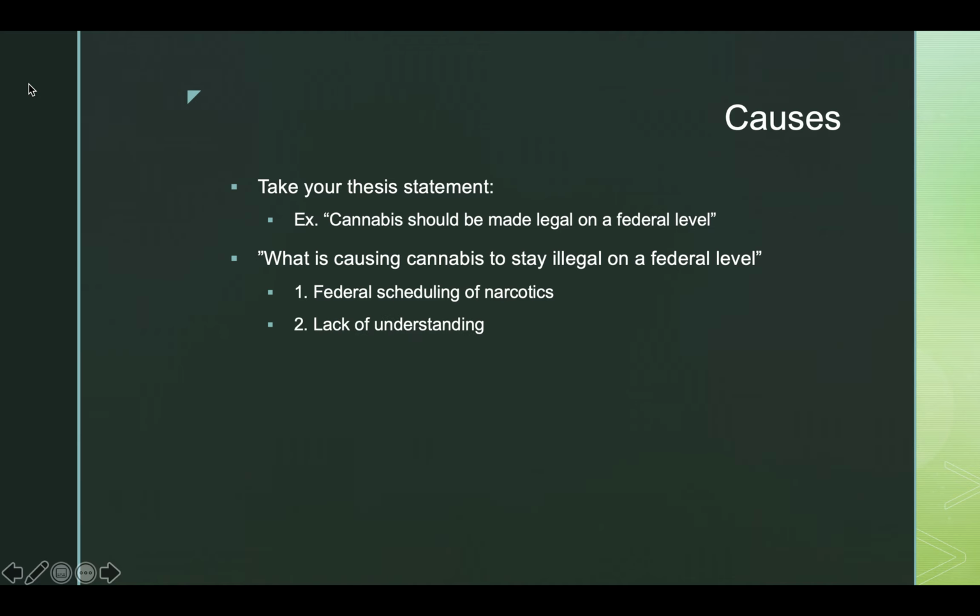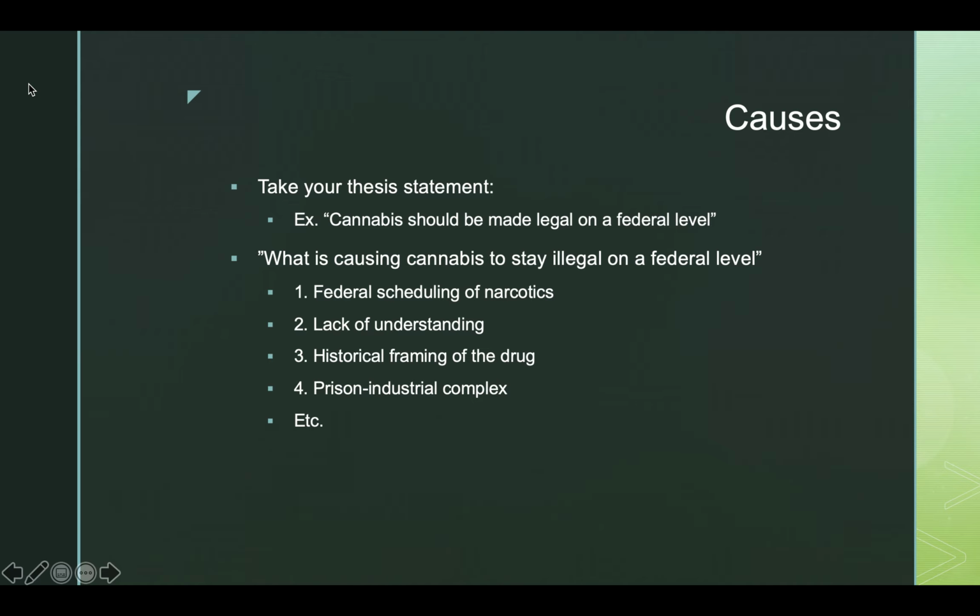A lack of understanding surrounding cannabis and surrounding its medicinal uses. Maybe it's the historical framing of the drug that is causing cannabis to stay illegal on a federal level. And perhaps it's also the prison industrial complex. We need to keep our prisons full, so we're going to keep cannabis highly illegal, a federal crime, in order to charge people and keep prisons full.